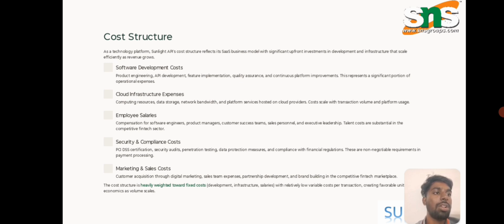Marketing and sales costs: customer acquisition through digital marketing and sales expenses, partnership development, and brand building.